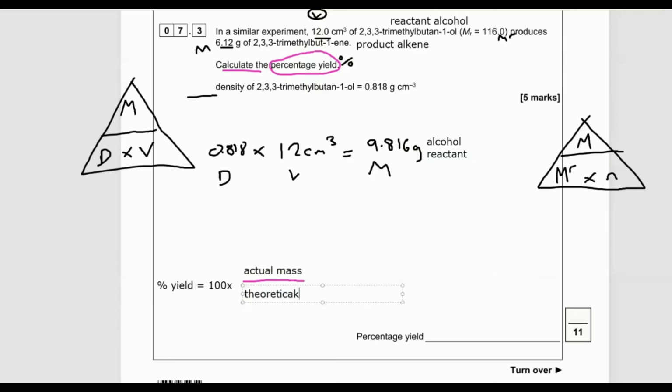You can call it expected mass or maximum theoretical mass. The mass of the alcohol is neither our actual nor theoretical mass, but it does allow us to work out the moles of the alcohol, and then we know it was a one-to-one reaction. So by working out the moles of alcohol, we know what moles of alkene, 2,3,3-trimethylbut-1-ene, we should produce.